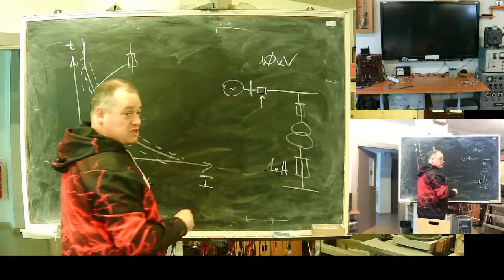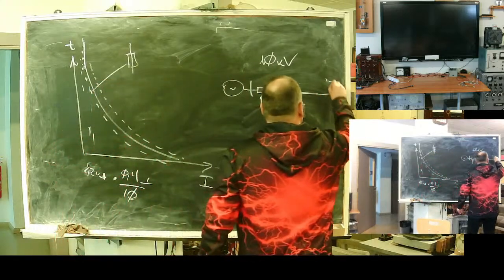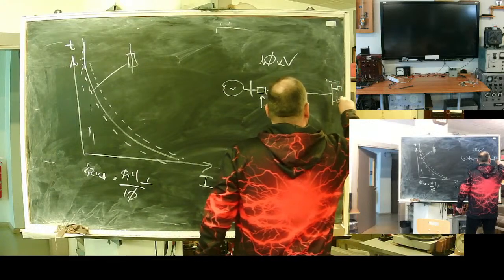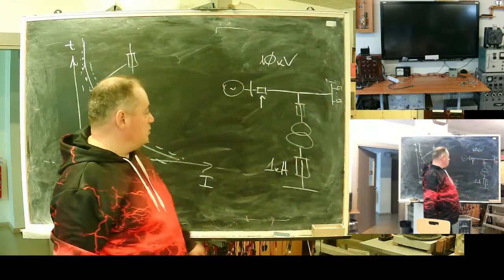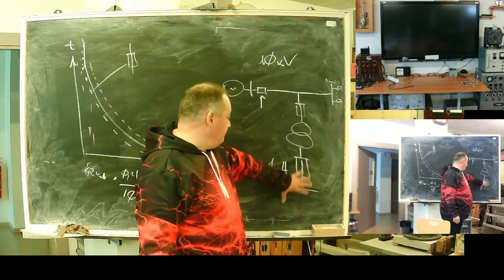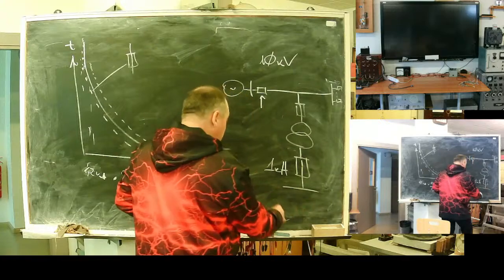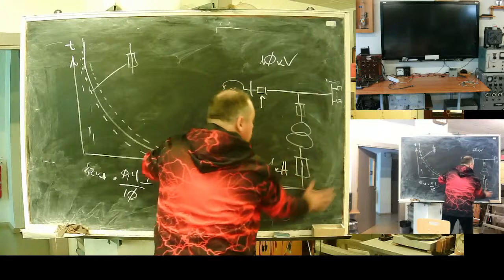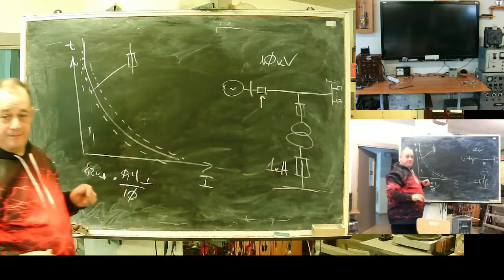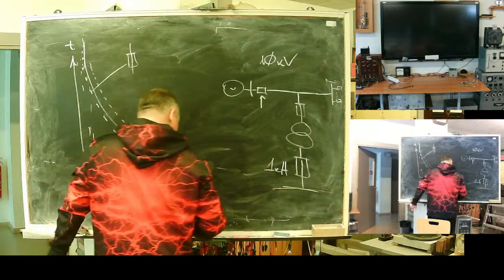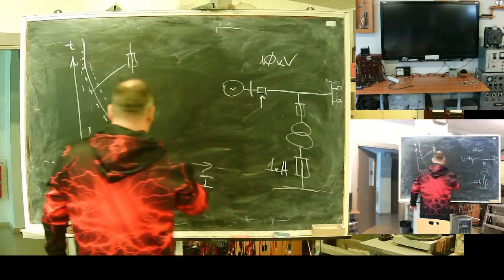This is our protection. We need to protect the line, and we need to coordinate with the fuse because we need a backup. All our protection zone should end at least here. We need to protect all this. Meaning, we will have two zones. One will be instant.